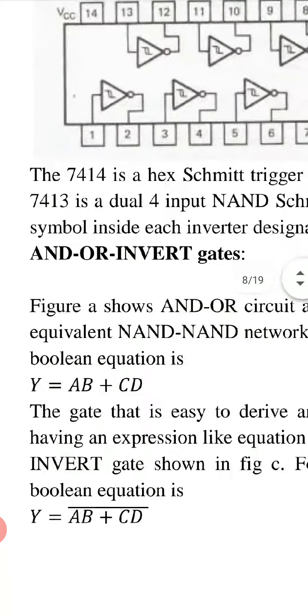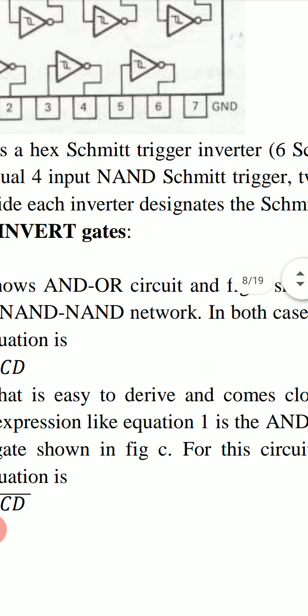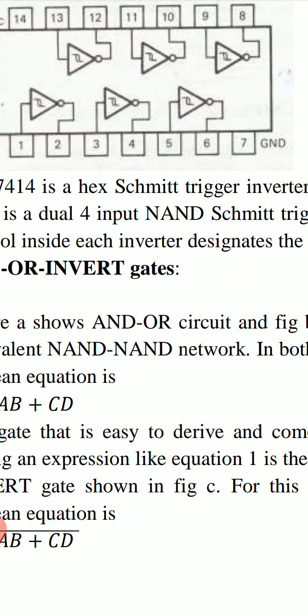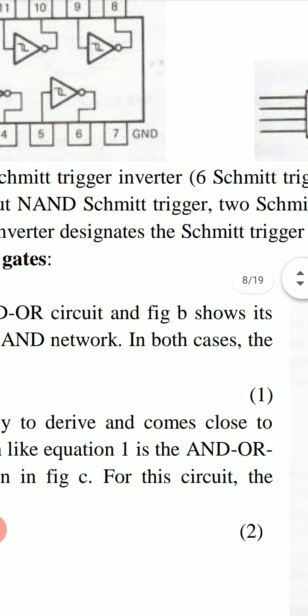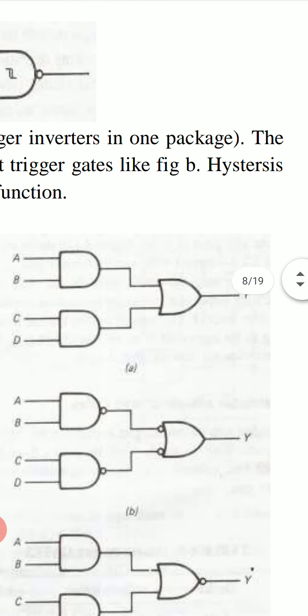The 7414 is a hex Schmitt trigger inverter. Hex inverter means there are 6 inverters. So there are 6 inverters, and hex Schmitt trigger inverters, 6 Schmitt trigger inverters in one pack.